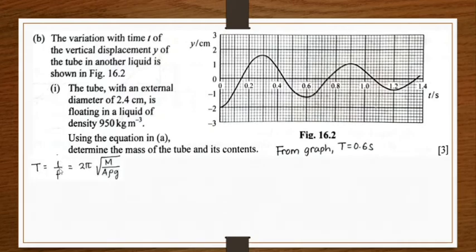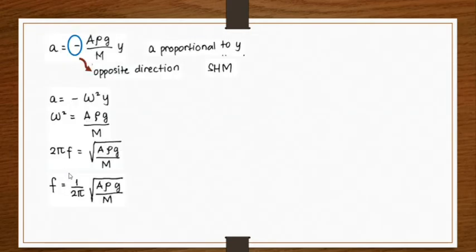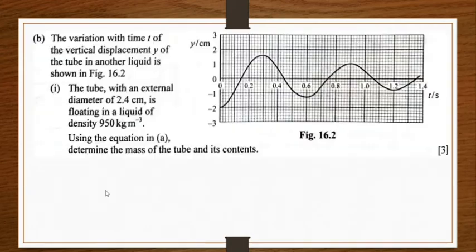And T is equal to 1 over frequency. So when frequency is 1 over 2 pi times the square root of A rho g over m, the period will be 2 pi times the square root of m over A rho g.